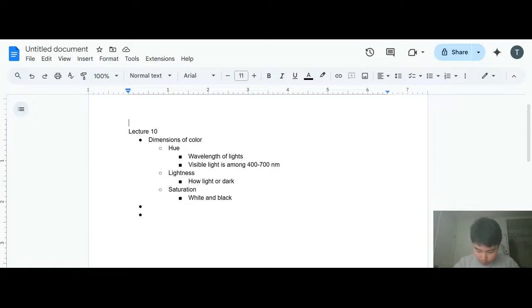What is metamerism? Relating to or consisting of several similar segments or somites. What is that? I don't know. Let's just skip it.